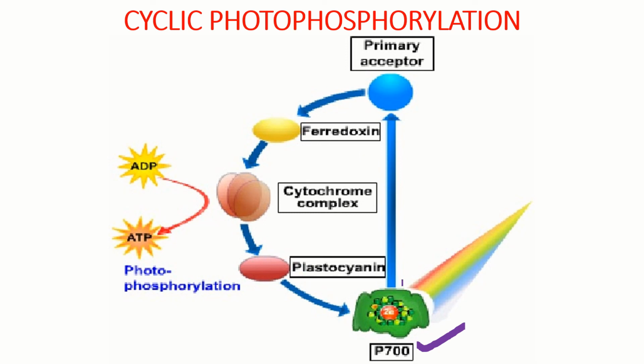This electron is excited to the higher energy level because of the energy being absorbed from the light. So it's better if you make a comparison between cyclic photophosphorylation and non-cyclic photophosphorylation.